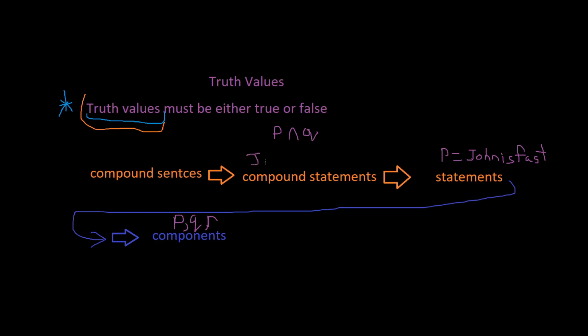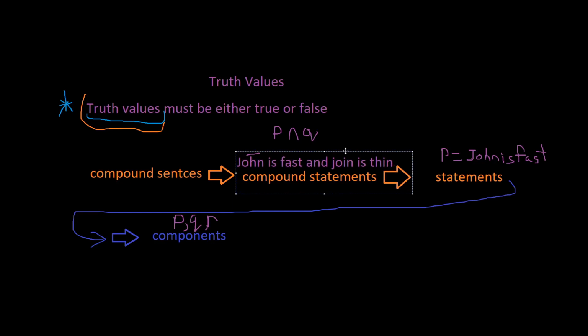And so let's see, John is fast, right? So let me just type it, maybe it's better to see. John is fast, and let's just say our Q is John is thin. And so that's going to be our compound statement.